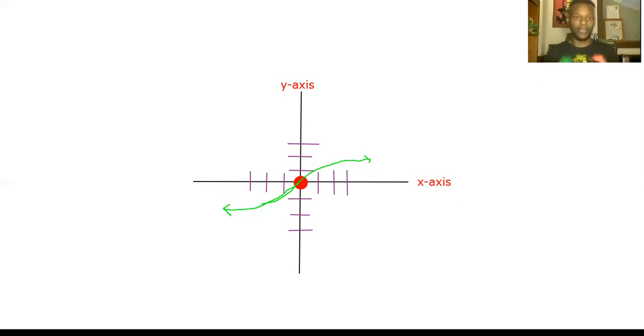So anyway, let me write down each of these 5 functions as a recap, and then we can move on from there. So number 1, we have the quadratic function.